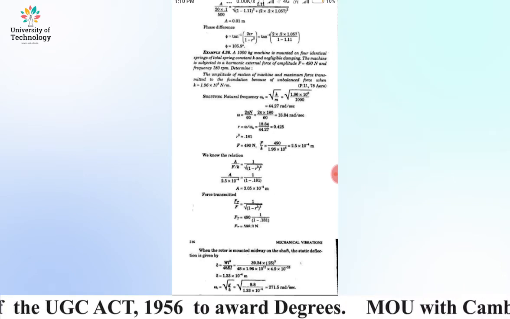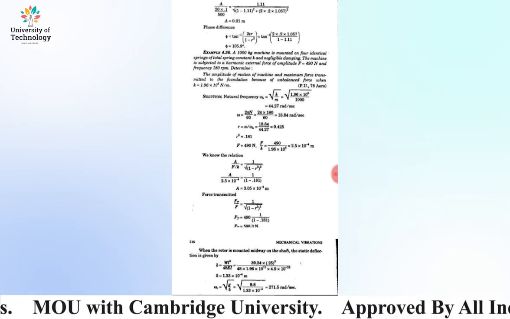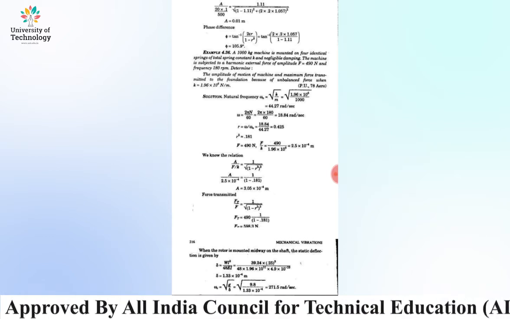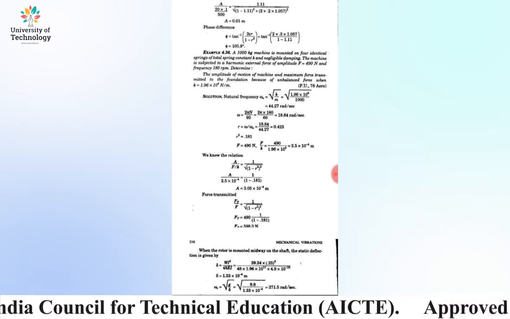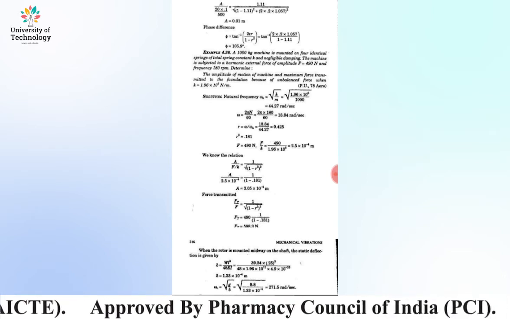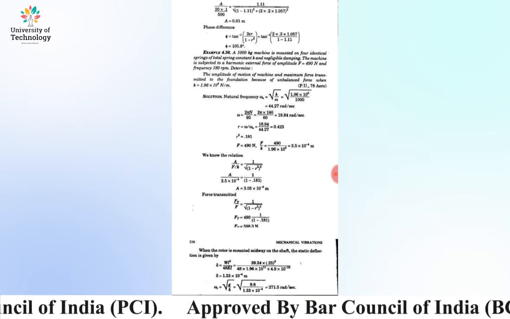Here r is equal to omega by omega n. By putting the value of m0, e and m, we get the amplitude value, that is equal to 0.01 meter.